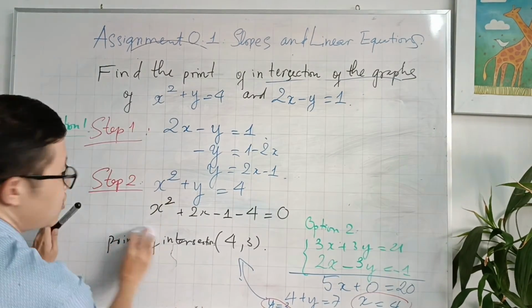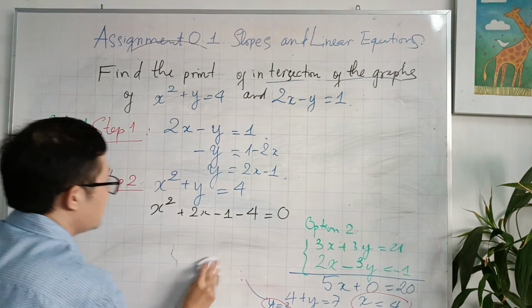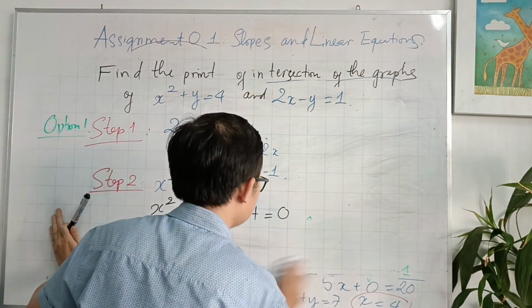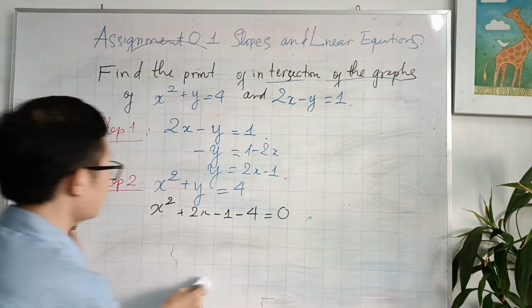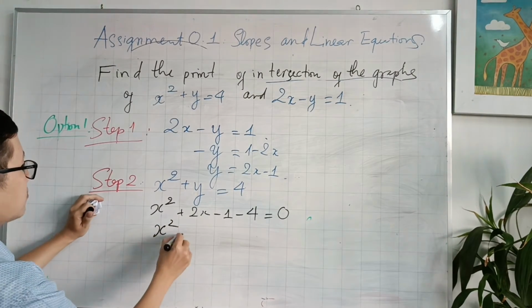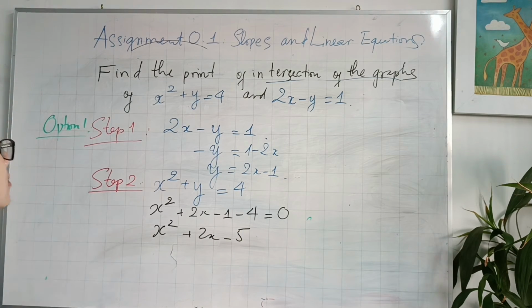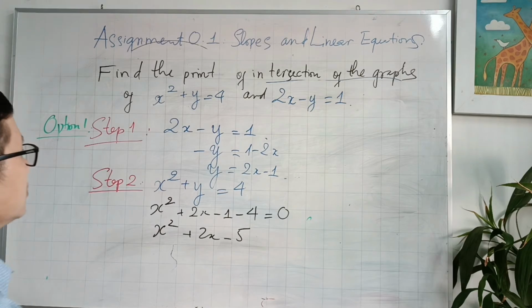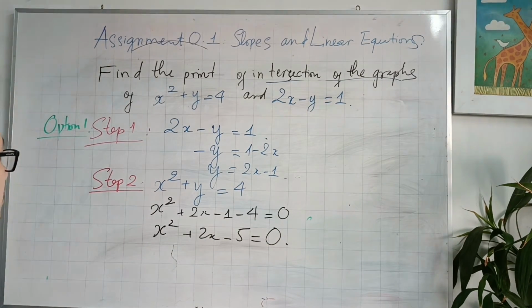And also I clear my board to have more space to continue solving this equation. So it is x squared plus 2x minus 5 equals 0. Okay.